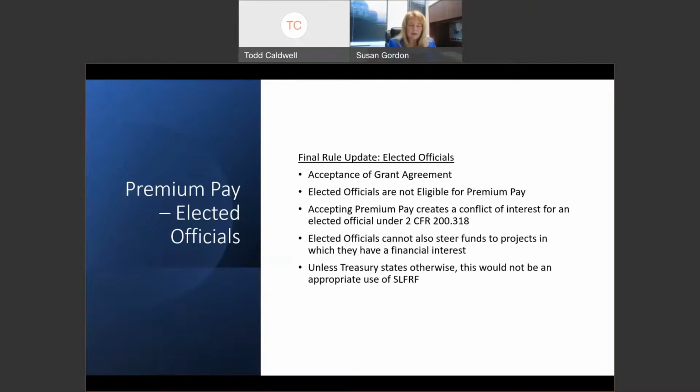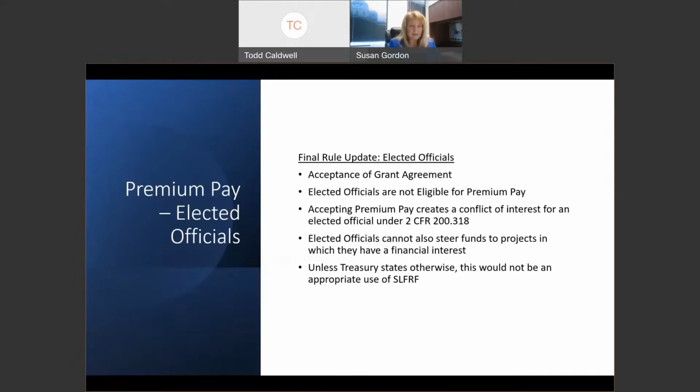And it's our audit position in that final rule. It says that elected officials are not eligible for premium pay. And elected officials cannot steer funds to projects in which they have a financial interest. That has been made clear by the final rule. So unless Treasury states otherwise, this would not be an appropriate use of the ARPA money to pay premium pay to elected officials.